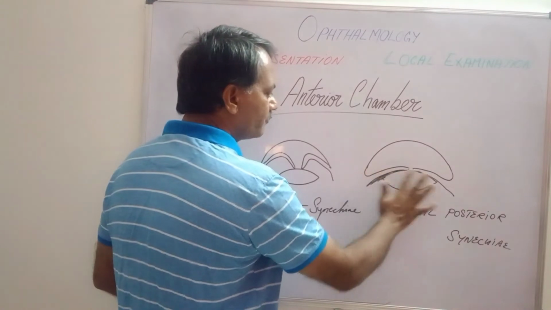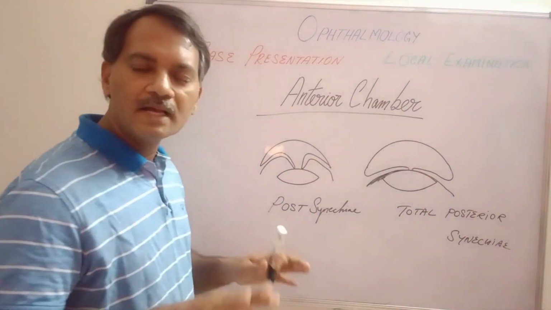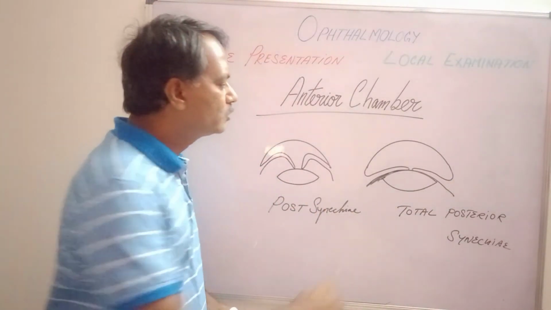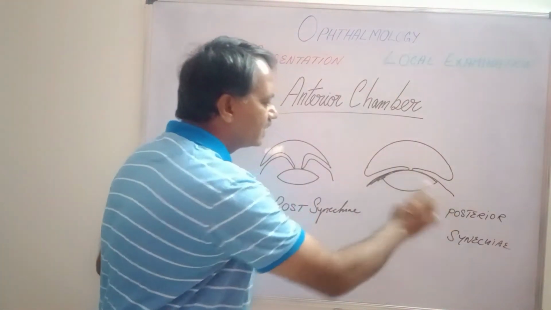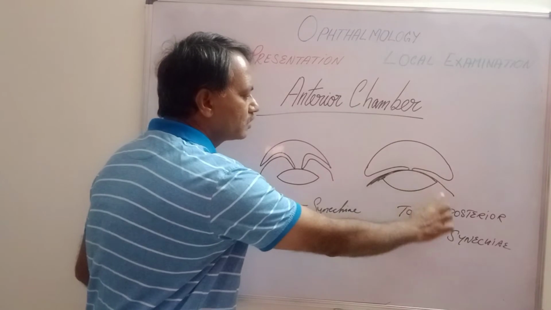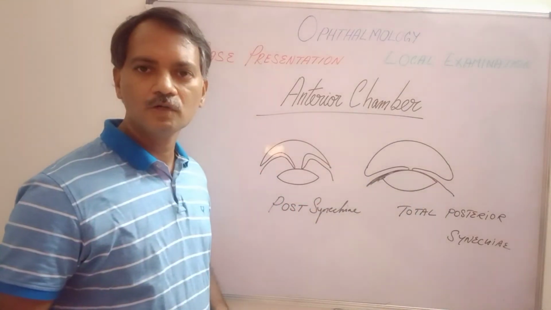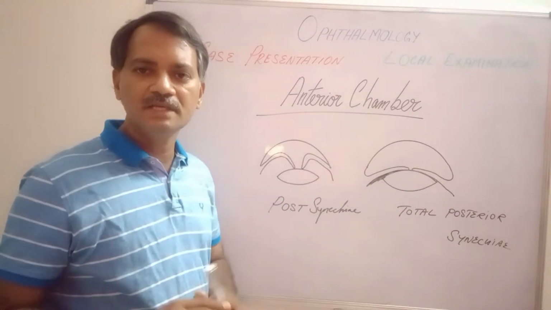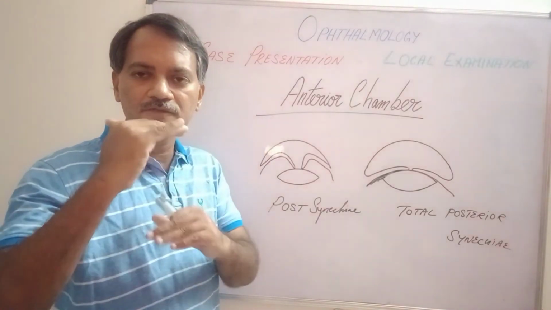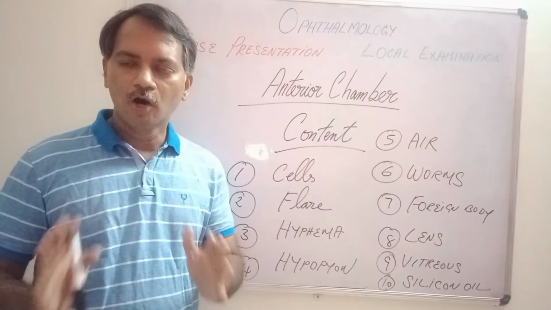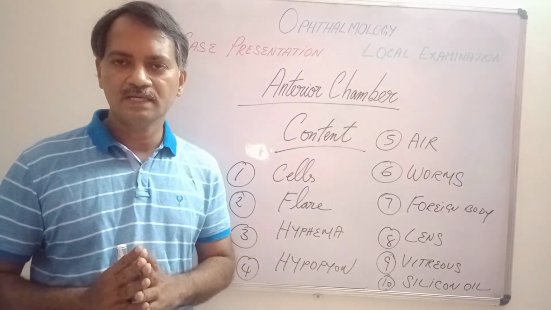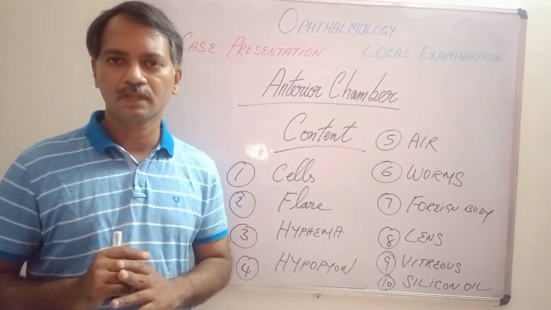The periphery of the anterior chamber becomes much deeper compared to the center. It is due to the curvature of the lens. The lens is convex. So the periphery becomes deeper, and in the center, because of the thickness of the lens, the depth will be normal.